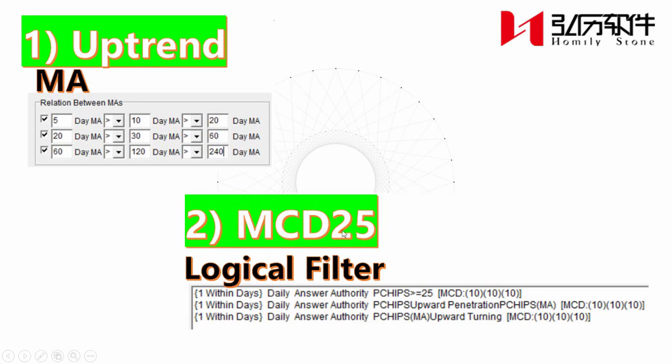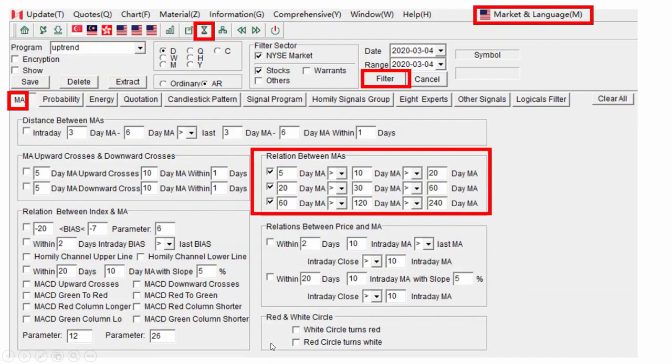And if we want MACD 25, the red bar more than 25, and the red bar breaks up the purple line, and also the purple line turns up. So this is the strict pattern. If a share meets these three conditions, afterwards the probability it will continue rising is very high. So these are the two filters, how to do the filter.